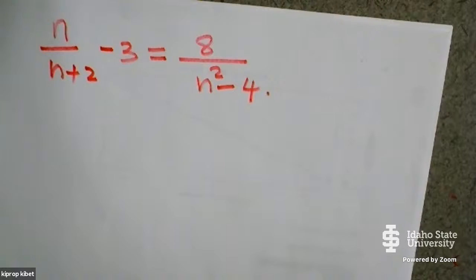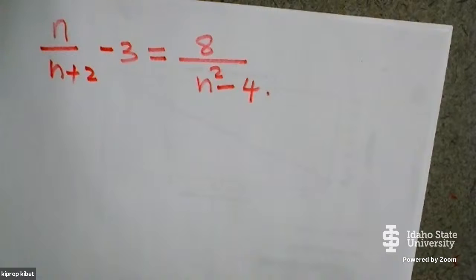So how should we solve that? What is our LCD? If you look at n squared minus 4, that looks like a difference of two squares, right? So it is n plus 2, n minus 2.